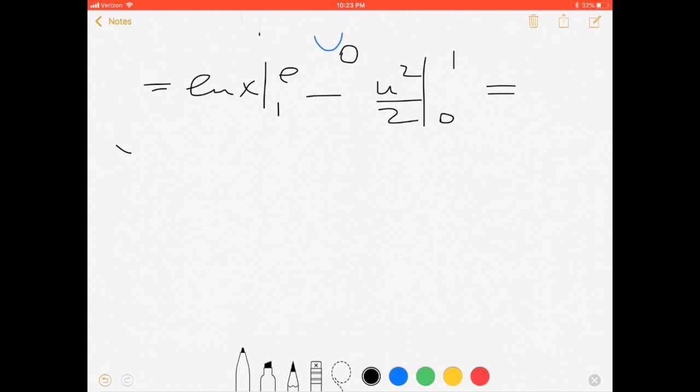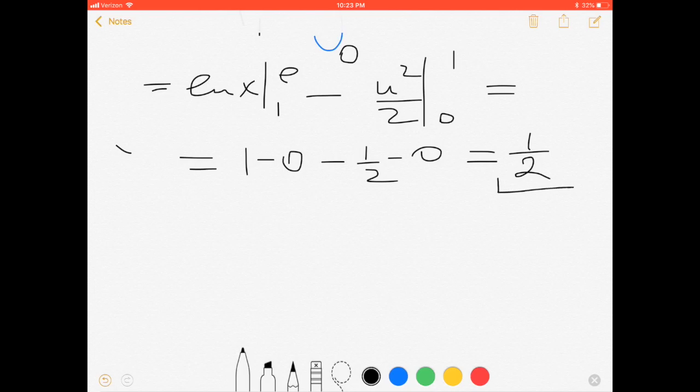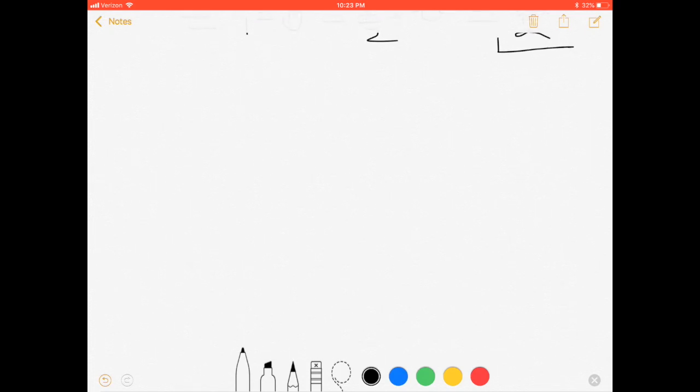We can evaluate: ln e is 1, minus ln 1 which is 0, minus, if you plug 1, this means minus 1/2, and if you plug 0, it will be 0. This means 1 minus 1/2, you have exactly 1/2. This is your answer.